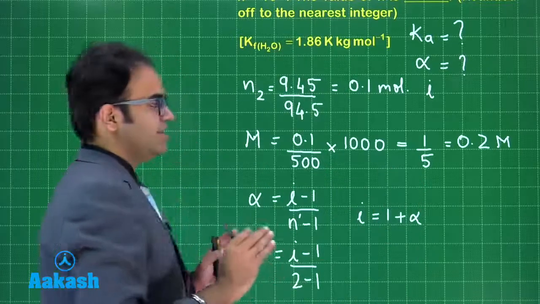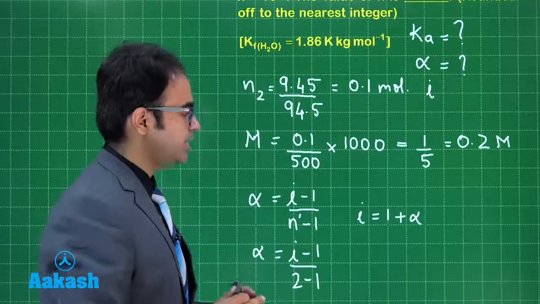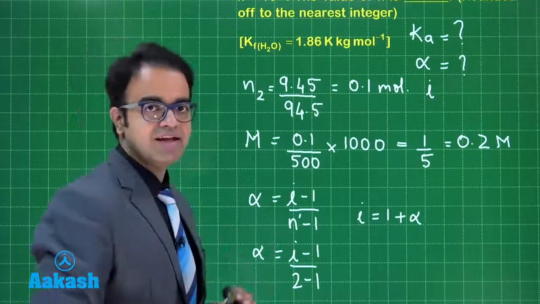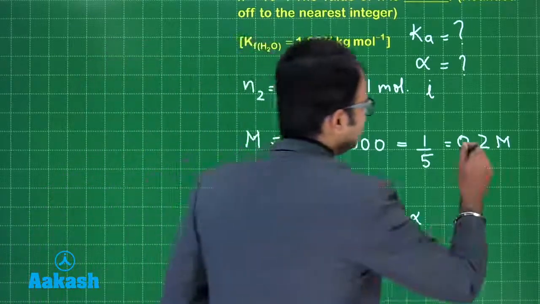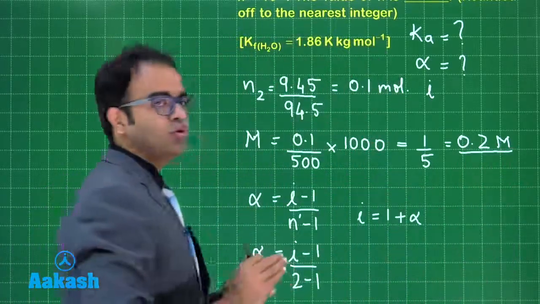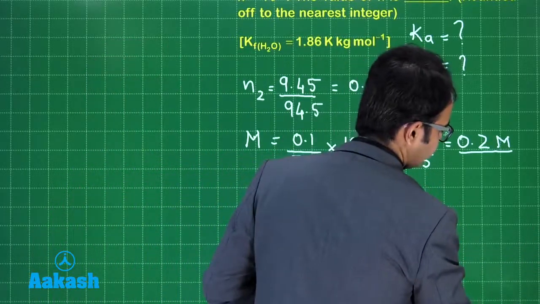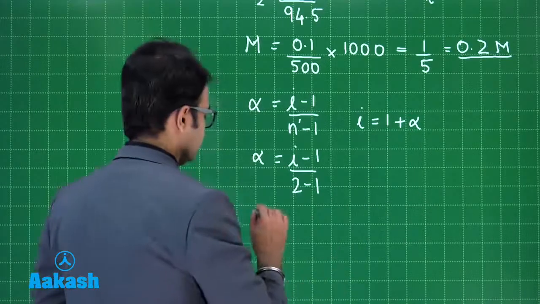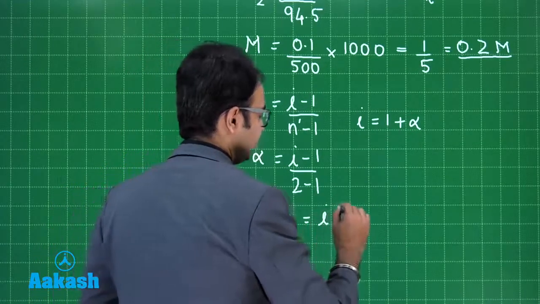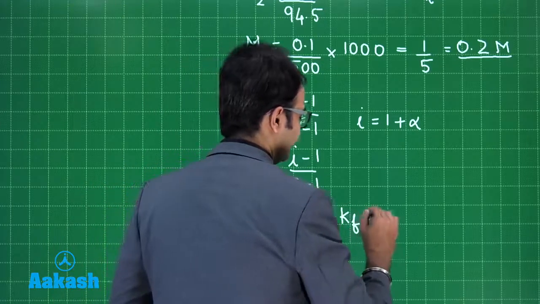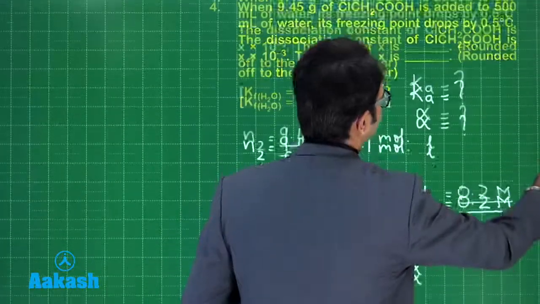So we have all the ingredients which are ready for the equation of depression in freezing point. So let us substitute everything in that equation and get the value of alpha, right. We will assume that molarity is equal to molality, right. So as we substitute this, we have del Tf is equal to i into Kf into m. So our del Tf is how much? Let us check.